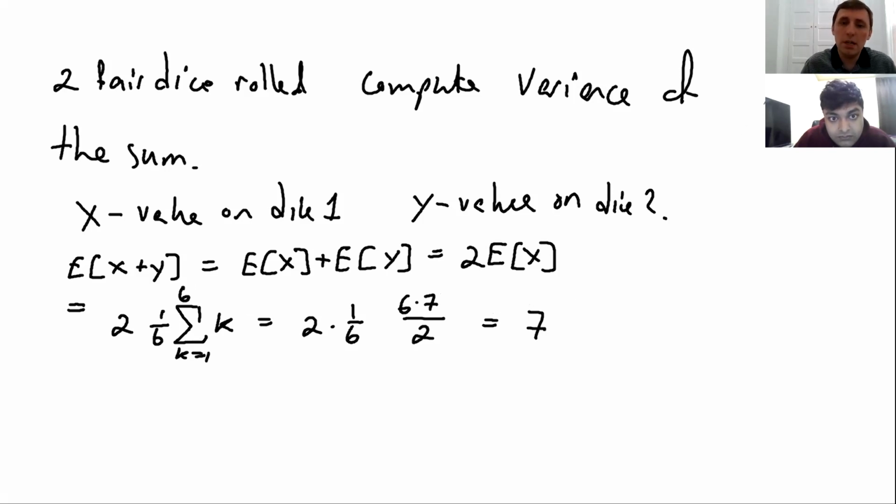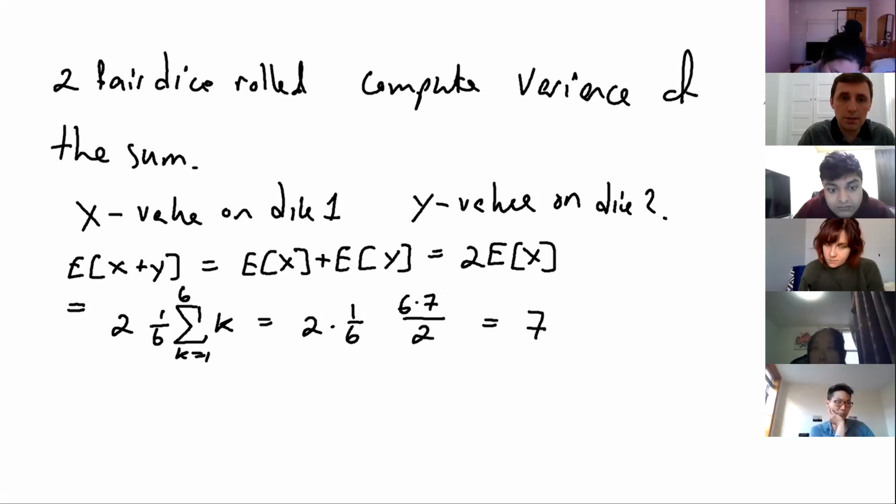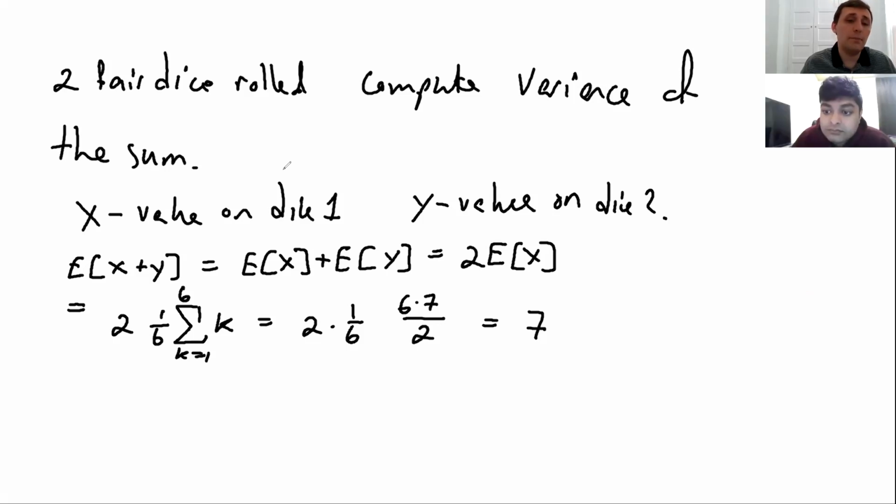X plus Y is the sum on those dice. So in other words, if we toss 2 fair dice many times, we will observe that on average we get 7 per game. Now, the dice are fair, which means that they are also independent of one another.